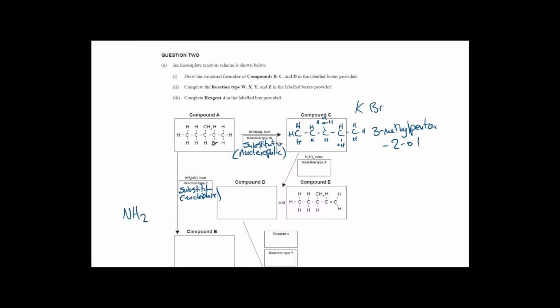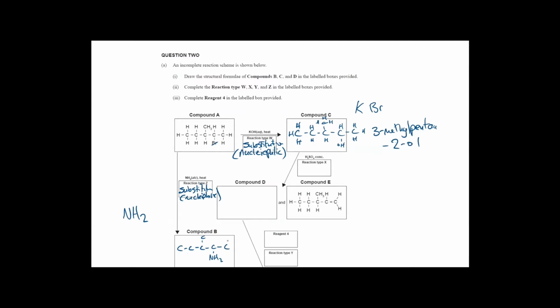It's on this one here. And they're all going to be singles, yes. So we've got 1, 2, 3, 4, 5. This one here is still going to have that methyl group. And this one here is now going to have, not an alcohol, it's going to have the NH2, isn't it?